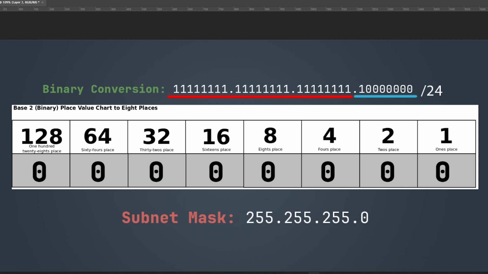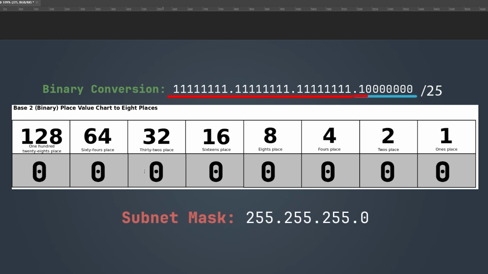So this 1 becomes part of the network address, and the rest are hosts. Since we borrowed that 1, a few things change. It's no longer /24, it's /25.